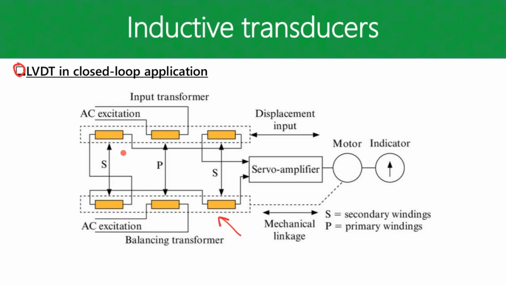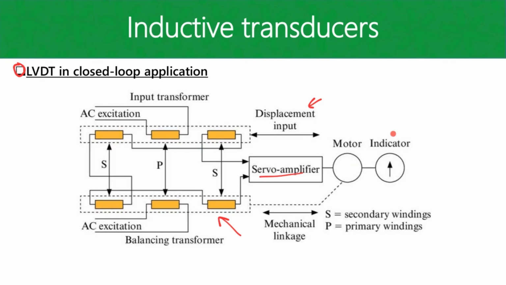All right, so your reference LVDT is going to be adjusted. You have a displacement input here, so that's your reference. That's going to generate a voltage, and then you're going to have your second, or feedback, LVDT here. If their cores are in the same position, then the difference in voltage at the servo amplifier is going to be 0.